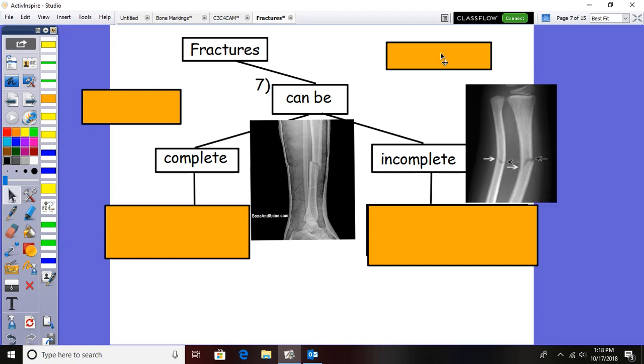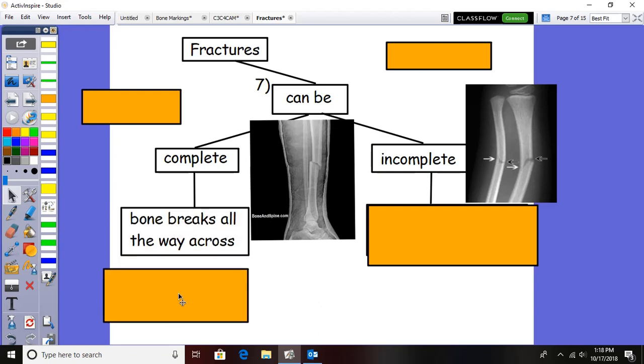And so when you're looking at a complete fracture, that means the fracture has gone all the way across the bone. It has broken completely, meaning all the way through the bone. And so that's what I want you to write down in that box right there. So the bone breaks all the way across.